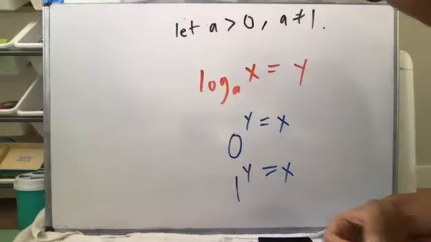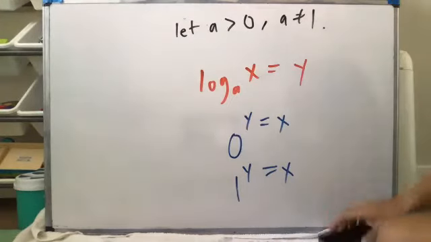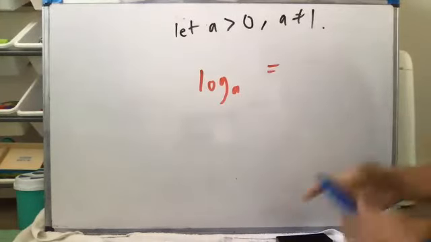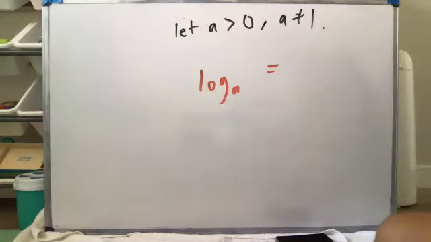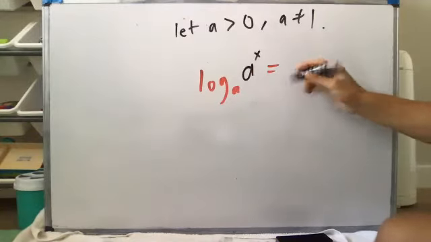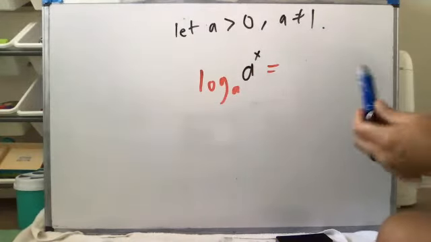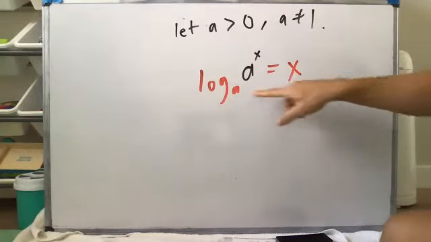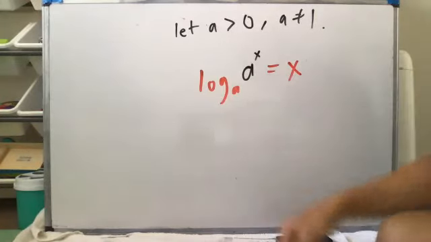So if you look, actually, the statement is a little bit different. Let me write down the actual statement. This is where I was getting confused. It's this a here. So the theorem says log base a of a to the x is x, right? That's because, remember the definition of log?